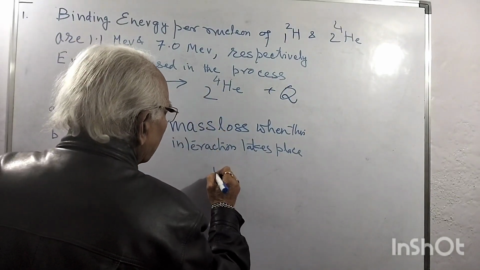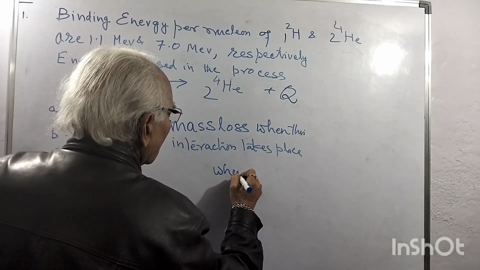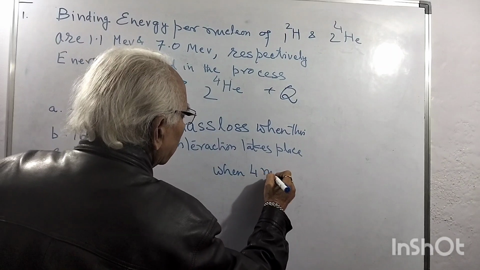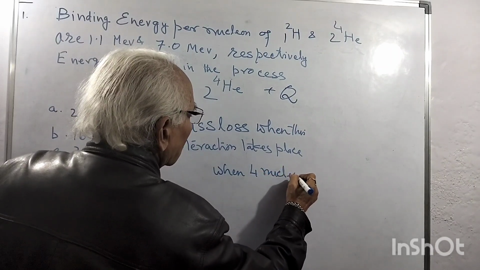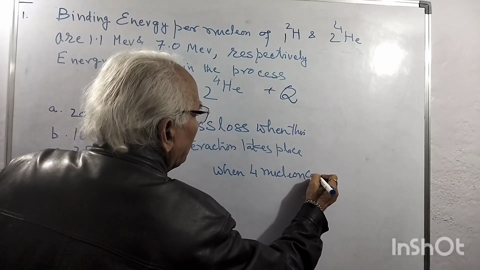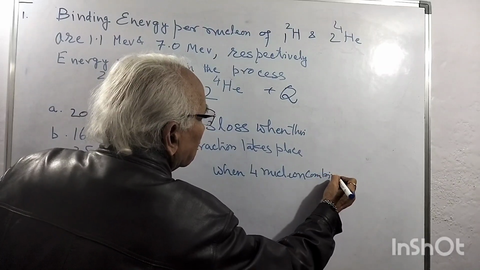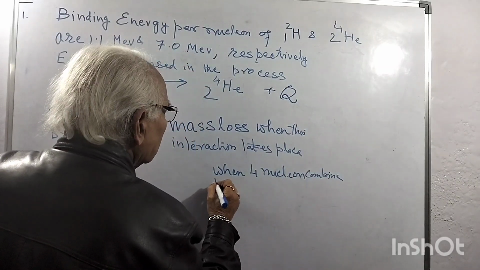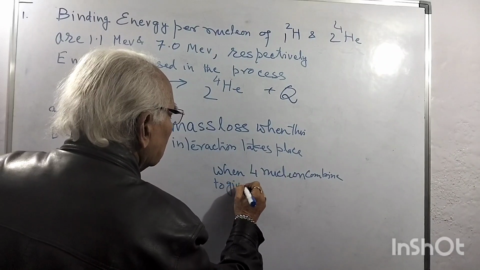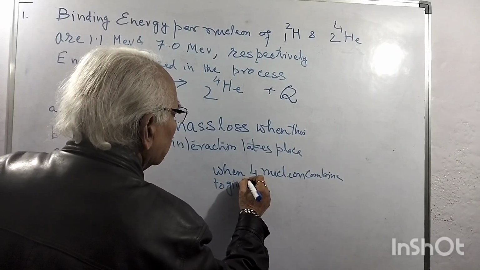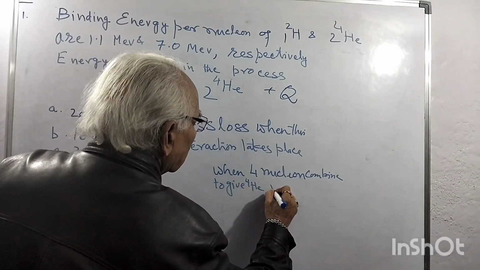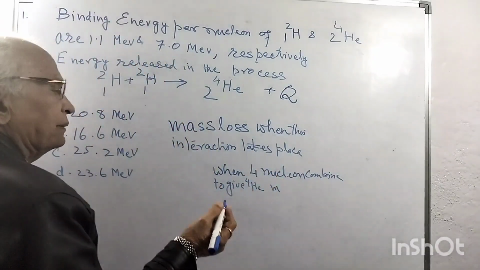Here, when 4 nucleons combine to give helium-4, there is mass loss and energy evolved.